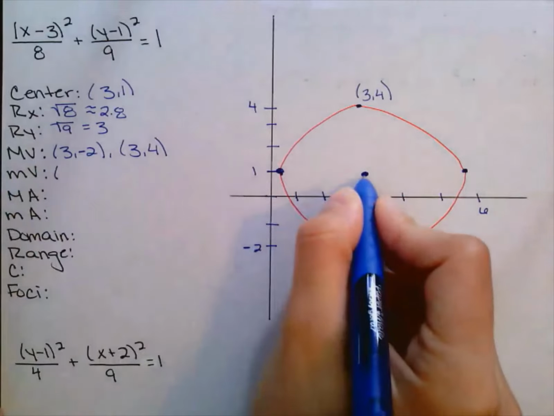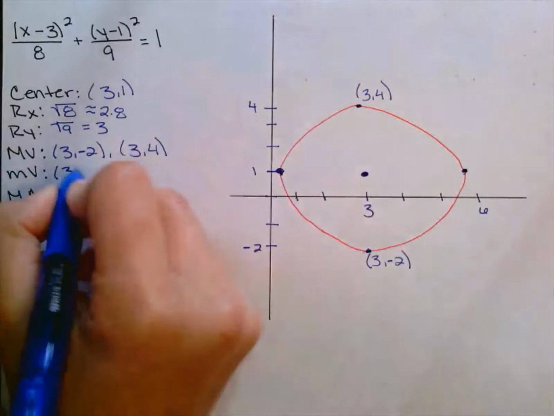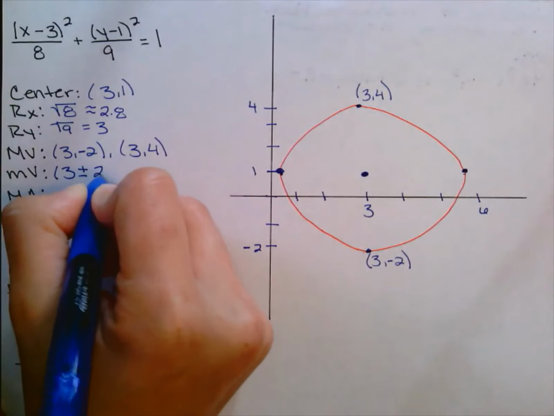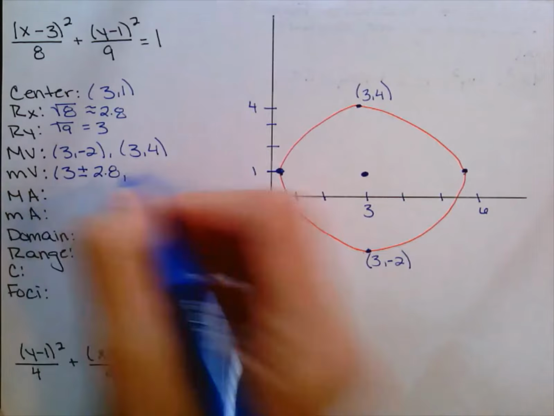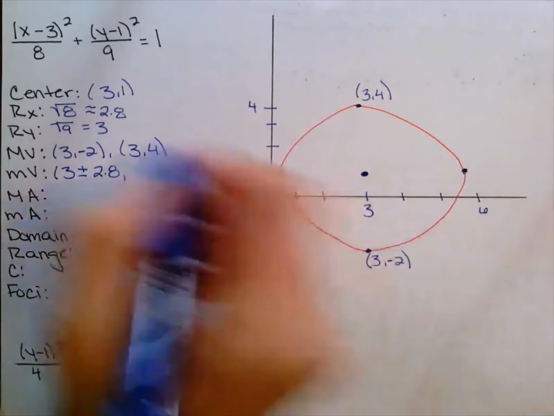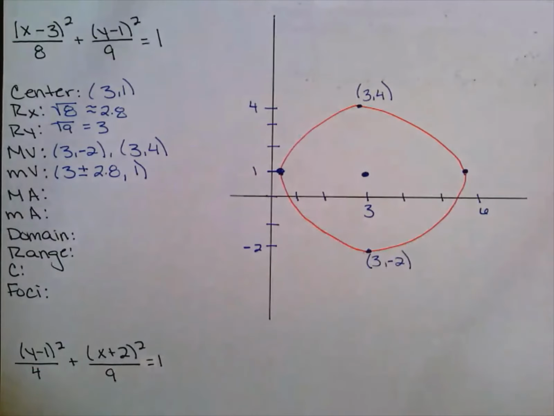So I can say 3 plus and minus that 2.8, comma, so technically whatever that gives you is that x value of this dot and this dot, comma, my y value, which is 1. That is a shortcut you are allowed to take, and I just listed 2 ordered pairs at once, all right?